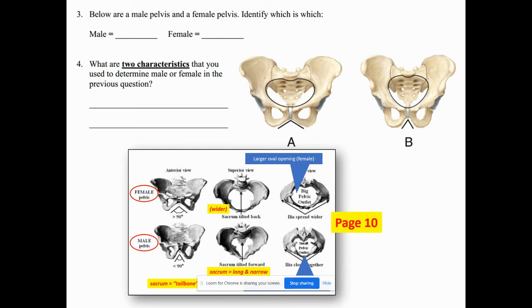Identify which is which. Well, first up, I'm going to do question 4 first. The 2 characteristics to determine male or female: the subpubic angle, okay? That's that angle down at the lower part of the pubic bone or lower part of the pelvis, the subpubic angle, and the pelvic opening or pelvic outlet.